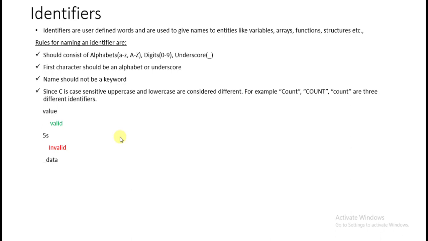Underscore data, yes, it is valid because it has underscore as a first character and remaining are alphabets only. A hash, it is not valid because it has special character hash. First space value, it is invalid because space is not allowed in naming an identifier.